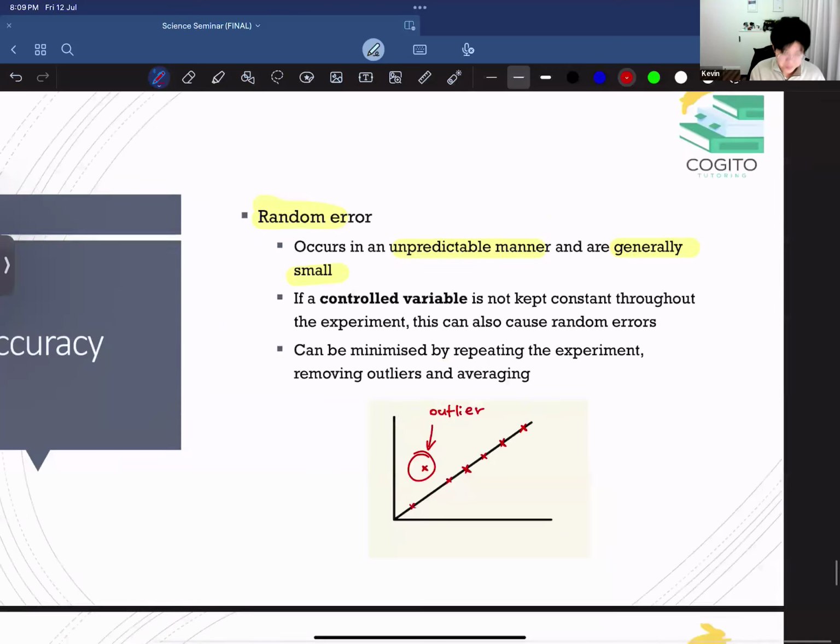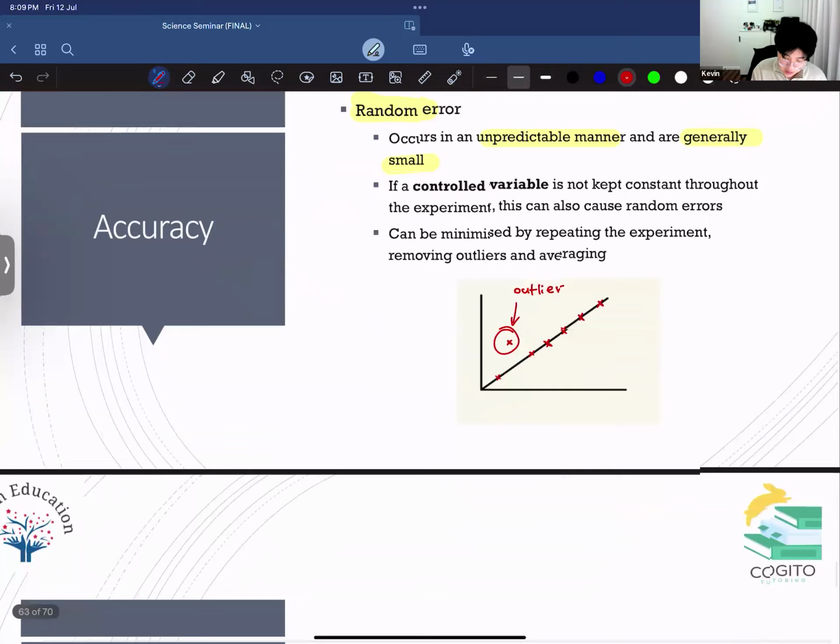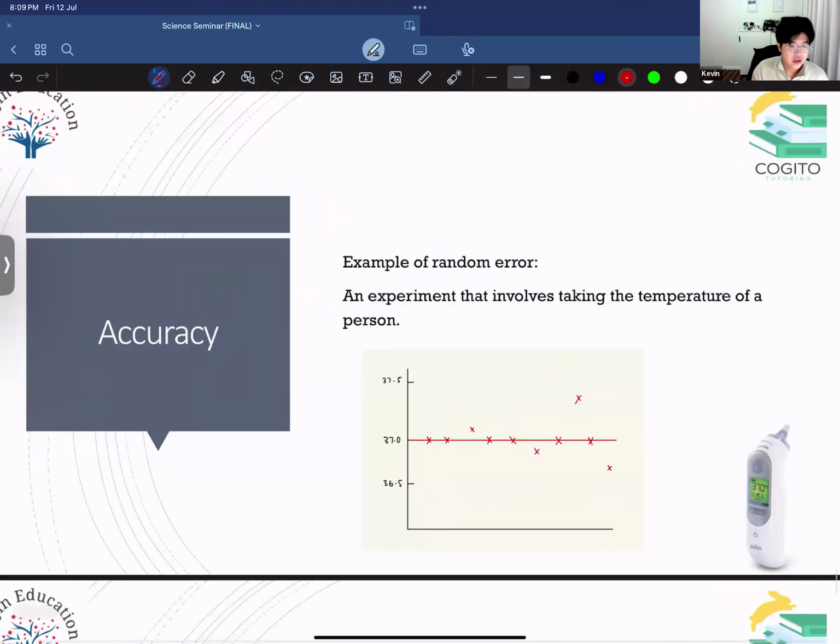Now, an example of a random error. You definitely use a thermometer to measure yourself whenever you feel sick or have a fever, right? But every time you stick it in your ear, it may read slightly different. It might be 37, 37.1, 37.2.